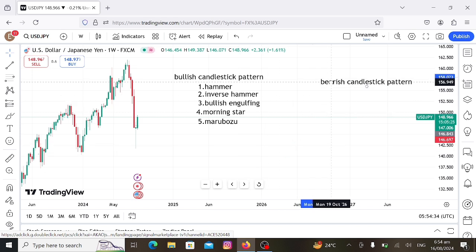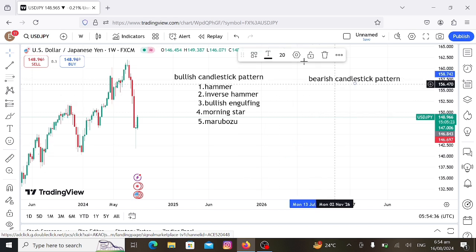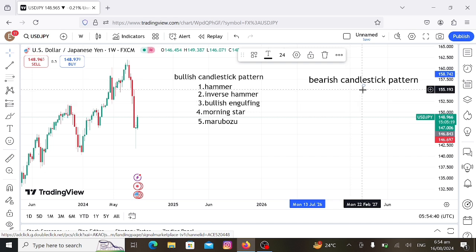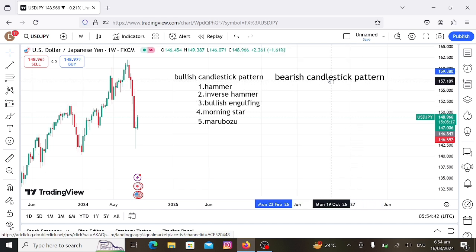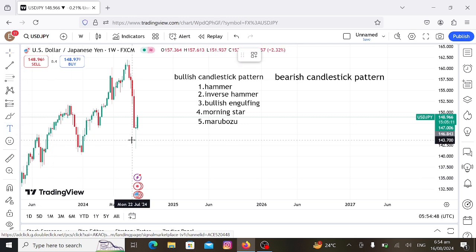Alright, second is the bearish. The first one on the list we're going to look for in the bearish.